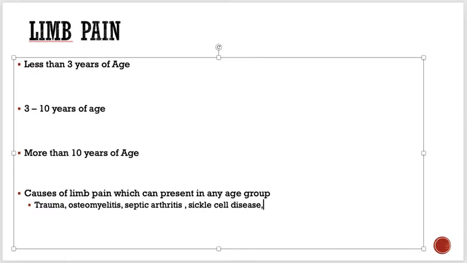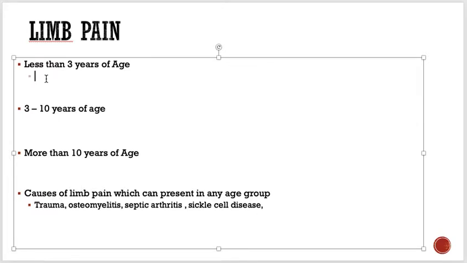Sickle cell disease can give pain, not just limb pains, any kind of features in any age group. So that's why I'm including this one. Or cancers and things like this. So these are the common things which can present in any age group. Tumors, I'm not including in this one because they are very uncommon in less than 3 years of age. Rather, they are more common in other age groups.